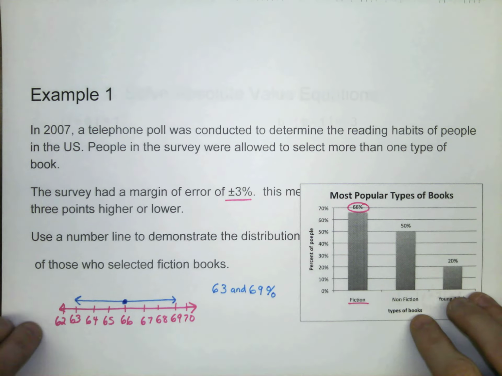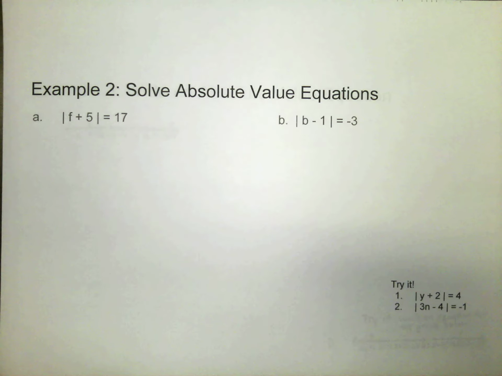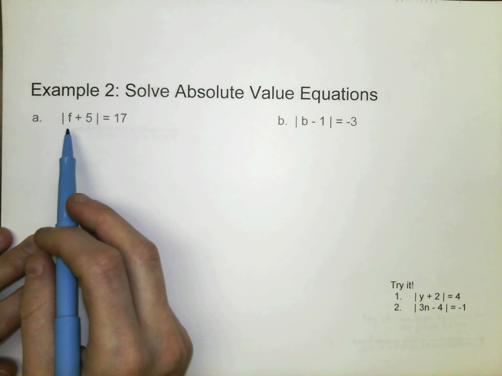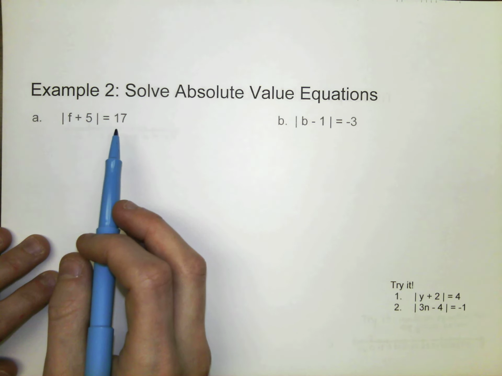So let's look at another example. This is more common to what you're going to see in our pre-algebra or algebra curriculum. For example, if we had the absolute value of f plus 5 equals 17, how would we go about solving this?